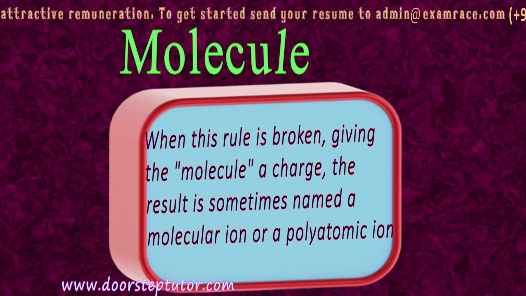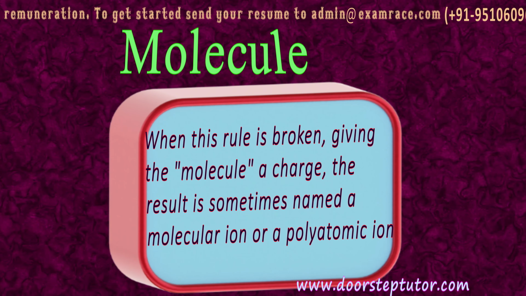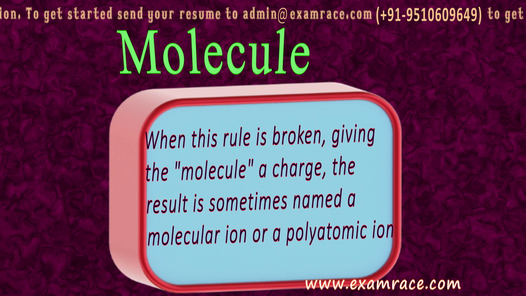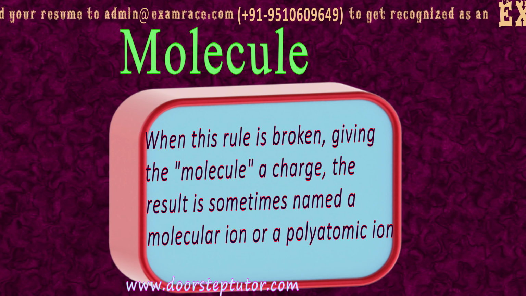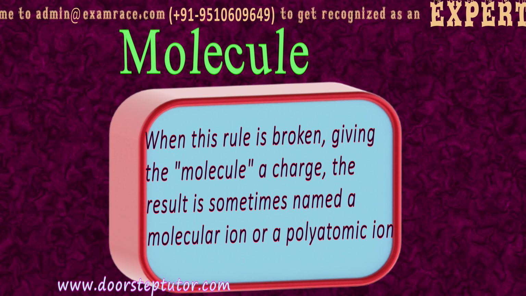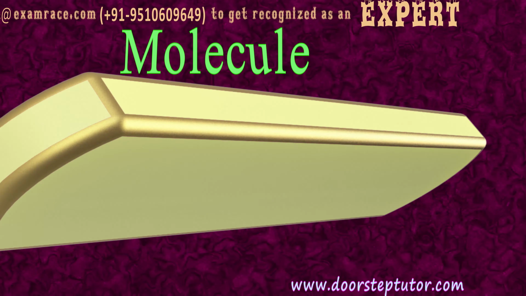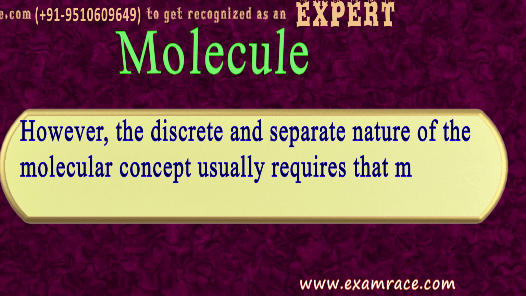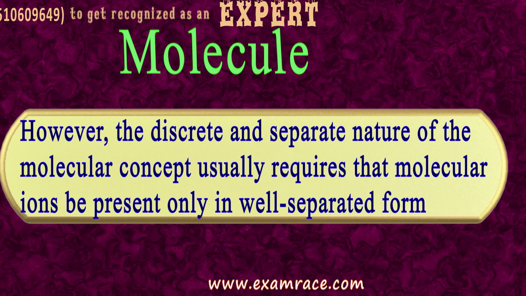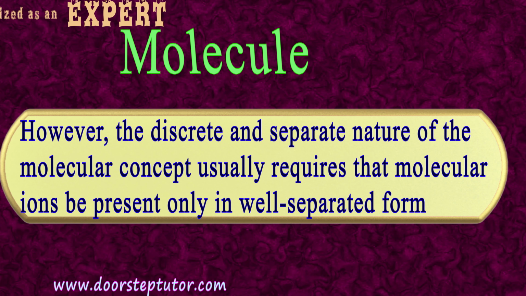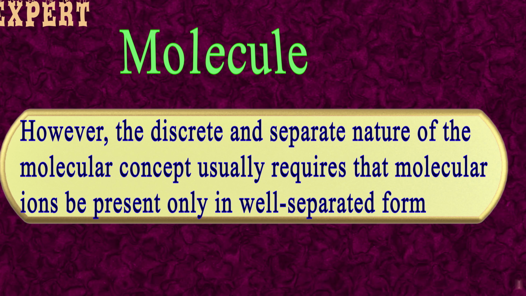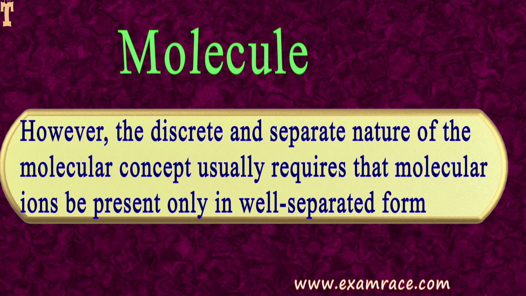That means when a molecule is not electrically neutral, it is electrical, then it is called a molecular ion or a polyatomic ion. However, the discrete and separate nature of the molecular concept usually requires that molecular ions be present only in well separated form.